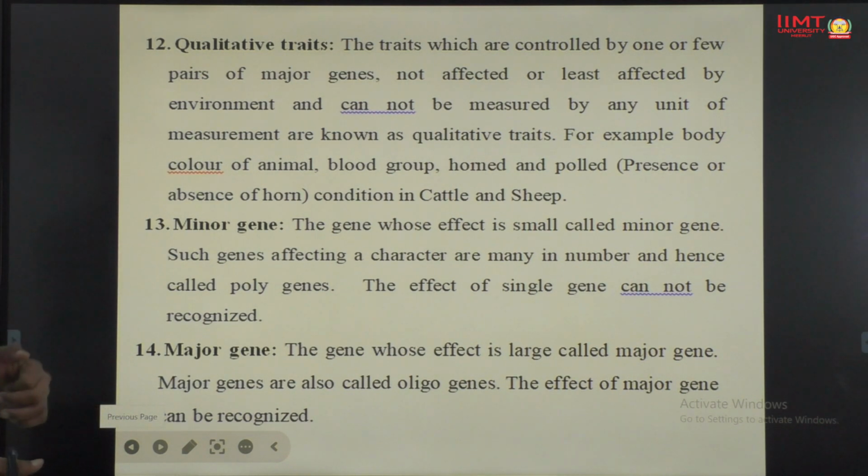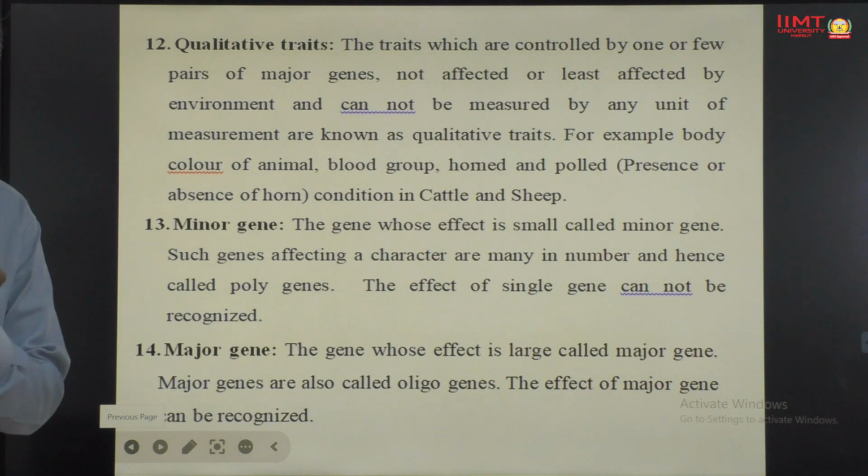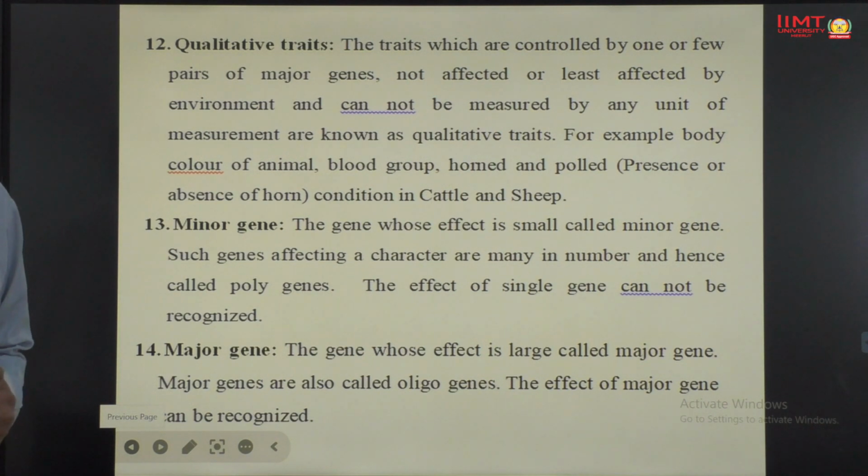What is minor gene? The genes whose effect is minor or whose effect is small is known as minor gene. There are so many pairs of minor gene controlled a trait. Hence, minor genes is known as polygenes also.